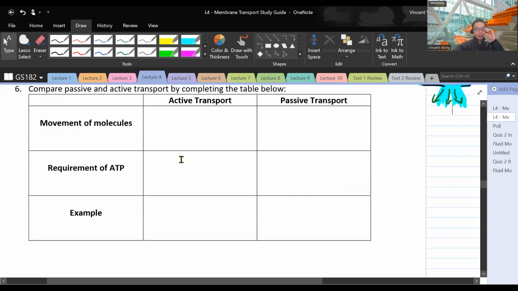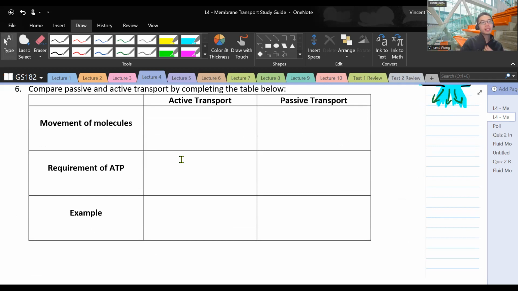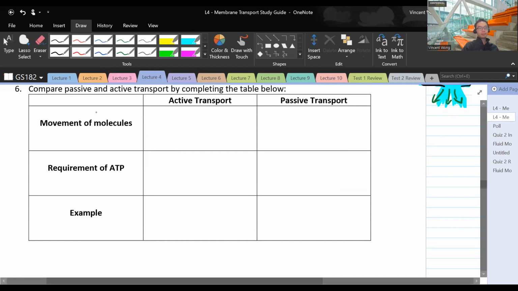Next, we're going to move on to active transport and passive transport. So we have the active transport here. In the case of active transport, the movement of molecules is going to go from low concentration to high concentration. Square bracket means concentration.